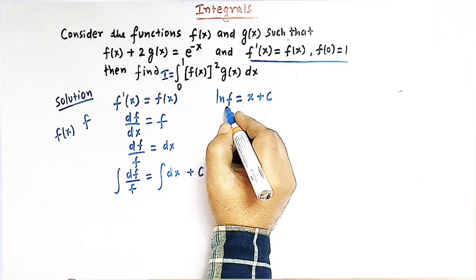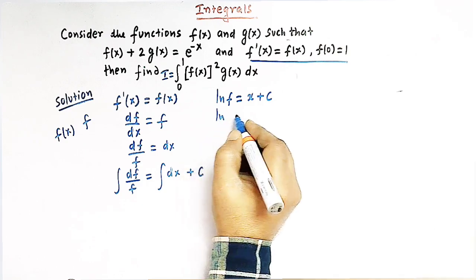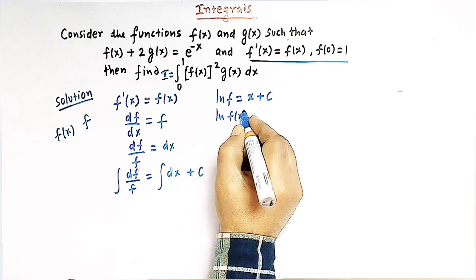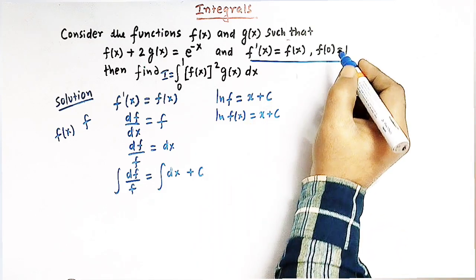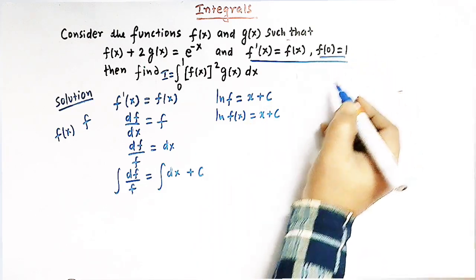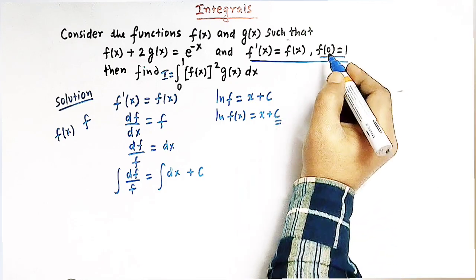Let us again replace this f by f of x. So we have natural log of f of x is equal to x plus c. Now let us use this condition to find the value of c, the constant of integration.